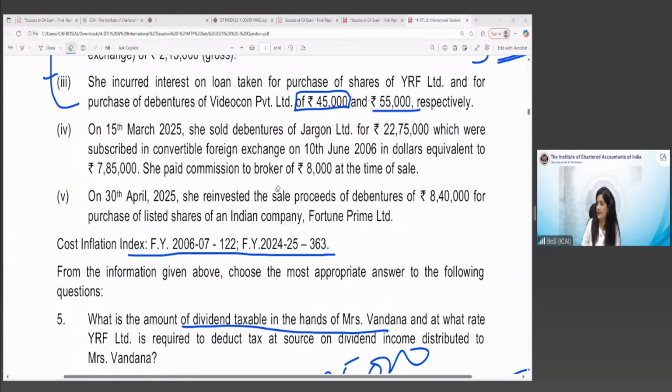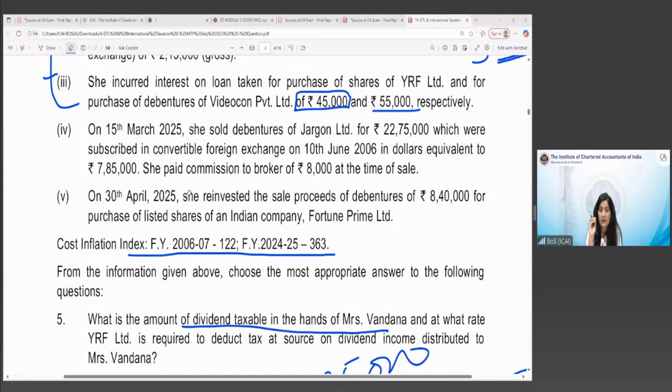3 minutes done. See, what does chapter 12 say? Chapter 12 says that it should be in respect of a foreign exchange asset. The person should be an Indian citizen, a non-resident. Then you will be eligible for specific special rates: your investment income is taxable at the rate of 20%, and your long-term capital gains are taxable at the rate of 10% or so.